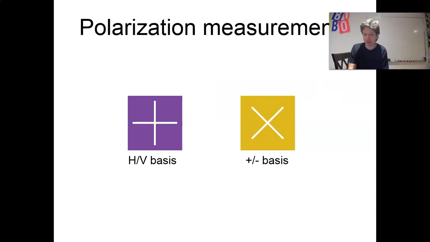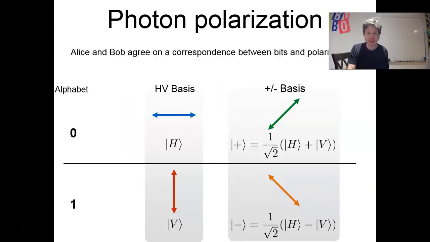And since this is binary, let's say a horizontally polarized photon or a diagonally polarized photon will give the information 0. A vertically polarized photon or an anti-diagonally polarized photon will give the information 1. And that we can clearly tell everybody.